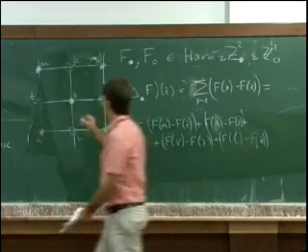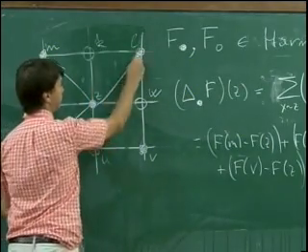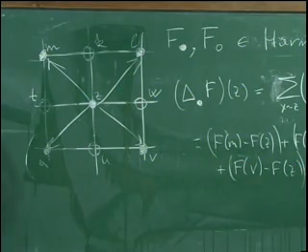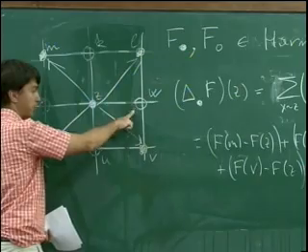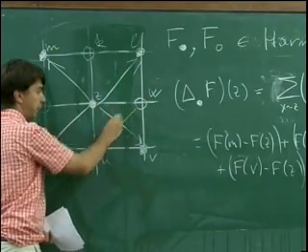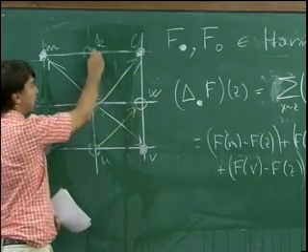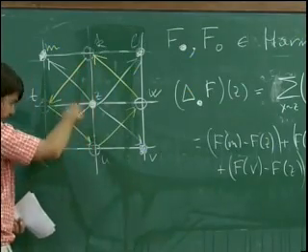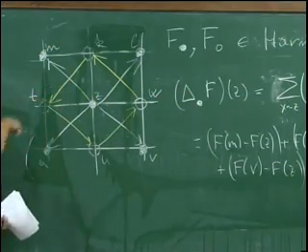So basically, it's the sum of 4 differences along the vectors emanating from z. And now what does the Cauchy-Riemann equation say? It says that this difference is equal, up to a factor of minus i, to the yellow difference. So each of these differences we can rewrite as a yellow difference along a vector rotated by i. So the sum of these 4 white differences is minus i times the sum of 4 yellow differences.